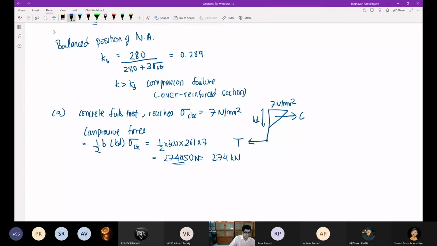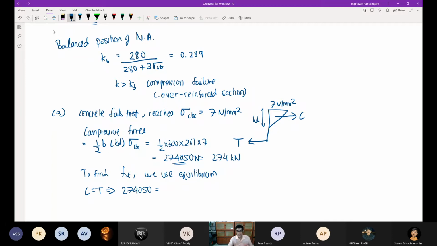Now to find the stress in steel, or FST, we use equilibrium, meaning that compressive force should be equal to the tensile force. C equals T, which implies that this 274050 is the compressive force and should be equal to the tensile force.